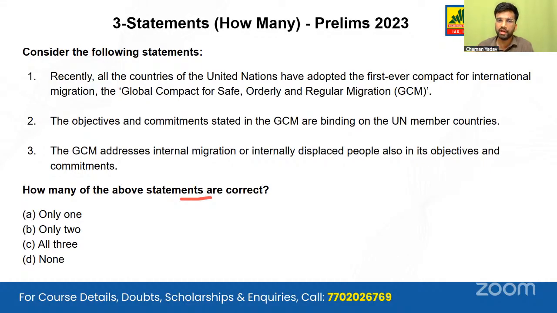The GCM addresses internal migration or internally displaced people also in its objectives and commitments. If we eliminate one of these statements, we know that one statement is incorrect, but still we cannot eliminate our options here. We have to have knowledge of all the 3 statements in this particular question to arrive at our final answer, and it will be D, none.